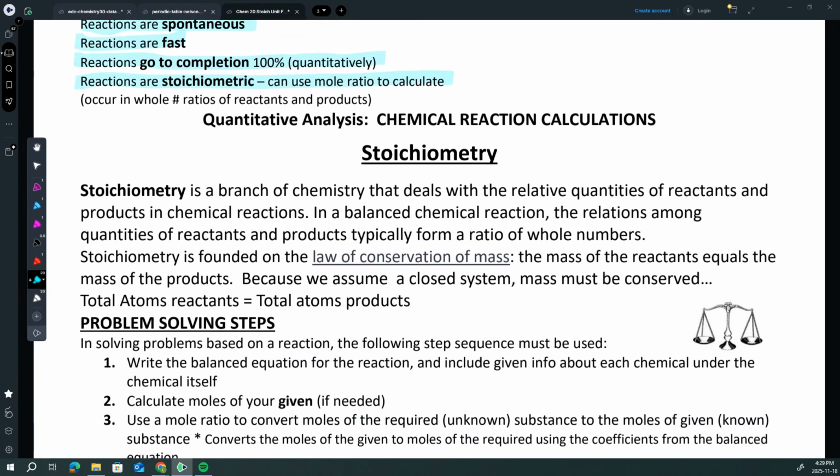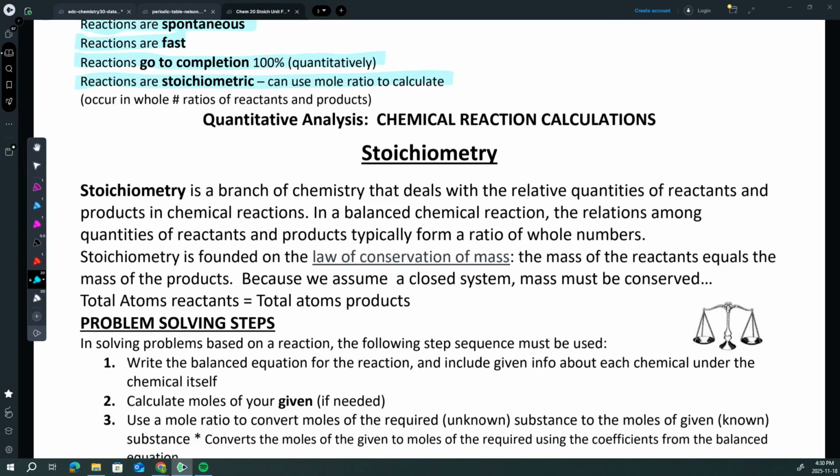So stoichiometry is a branch of chemistry that deals with the relative quantities of reactants and products in chemical reactions. In a balanced chemical reaction, the relations amongst quantities of reactants and products typically form a ratio of whole numbers.